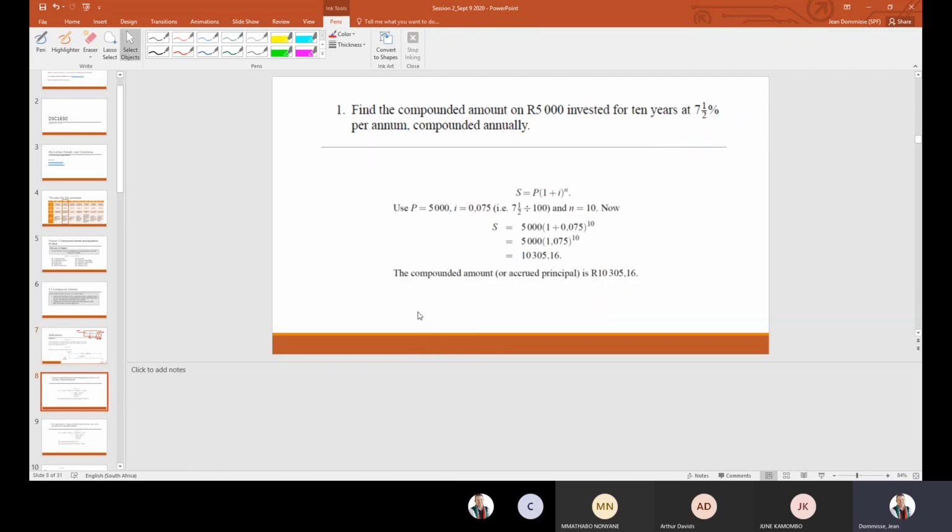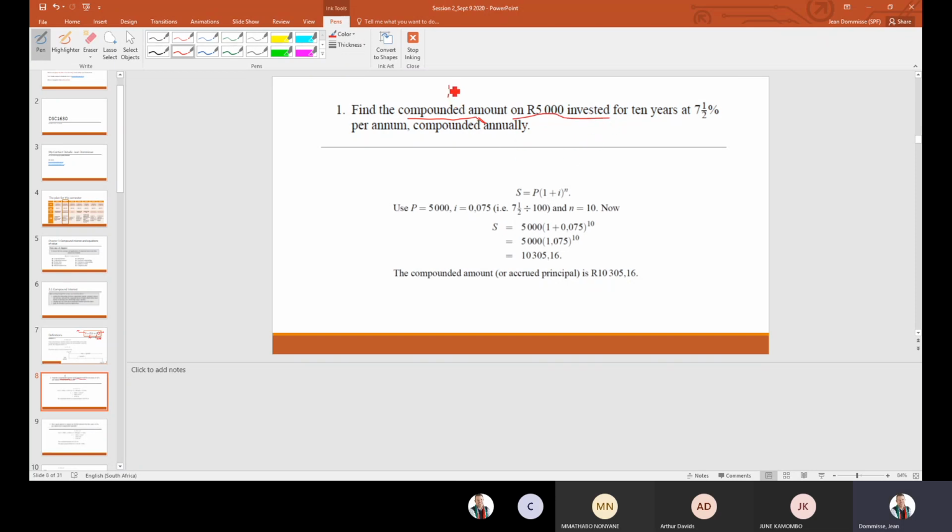So let's go into one of the examples. I think it is also in your study guide. So let's look at what they are asking us. They ask us to find the compounded amount on a 5,000 that was invested.